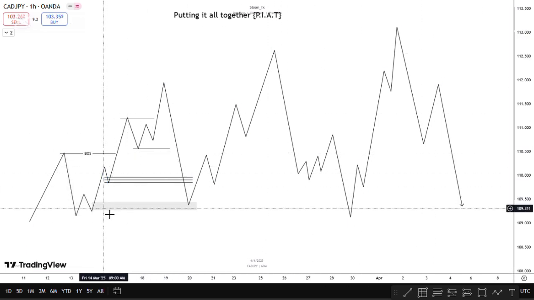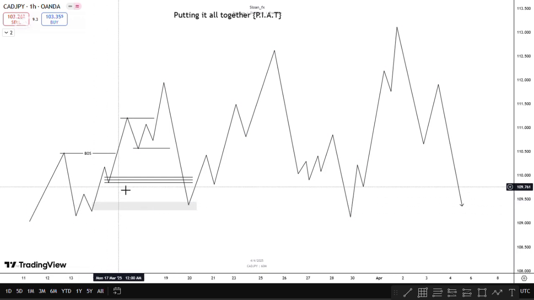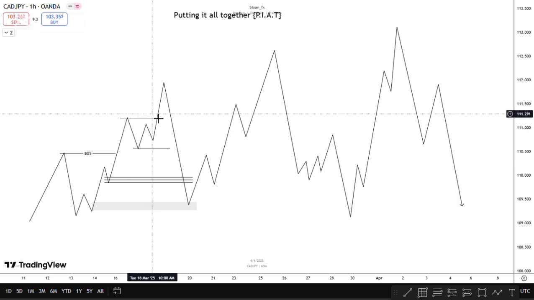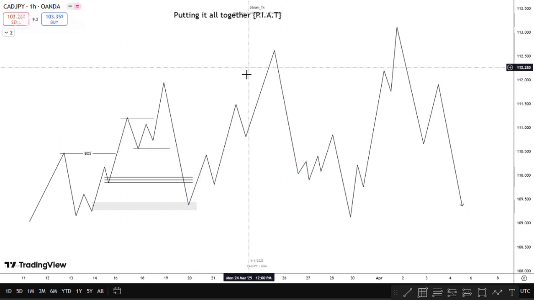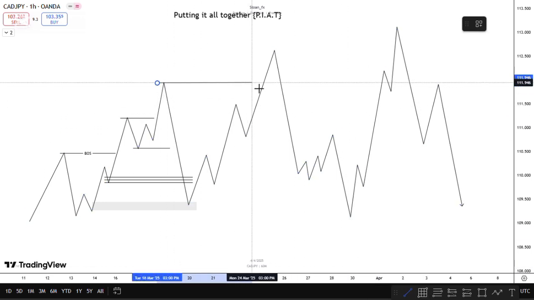Having articulated the inducement or order block by inducement, the pullback, inefficient price, efficient price, another continuous move, another break of structure right here, and another break of structure right here.